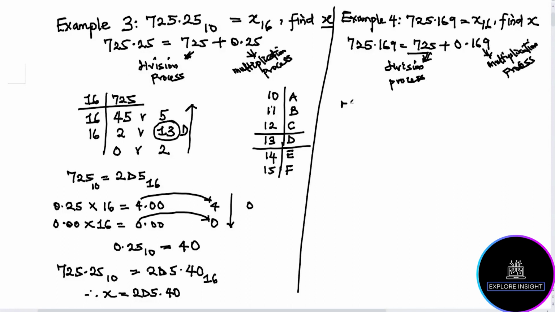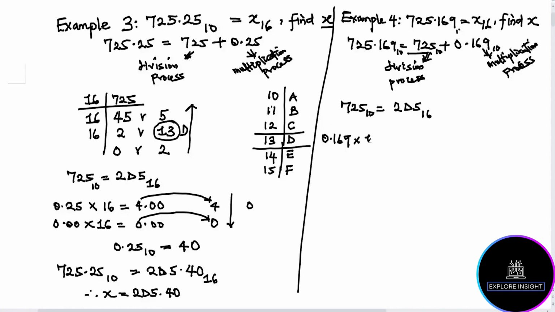For the 725, I won't be solving that because we've gotten the answer here. So we'll have 2D5 in base 16. Now, what we will go ahead to solve is 0.169. It will go through the multiplication process. We are going to multiply with the destination base system, which is 16.